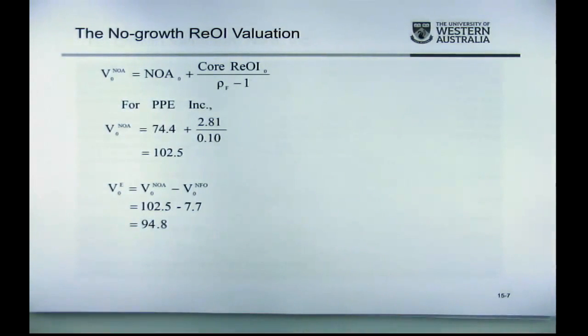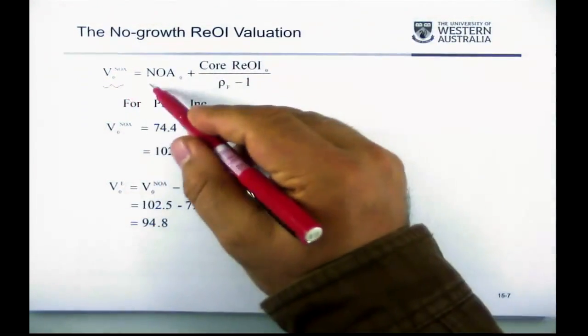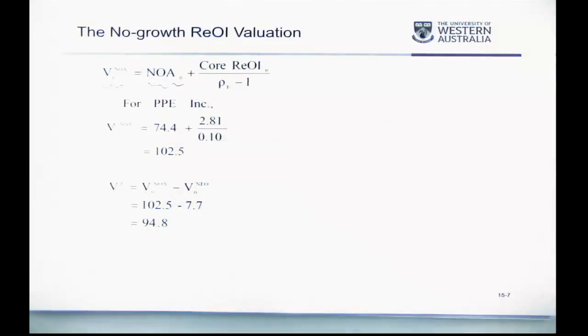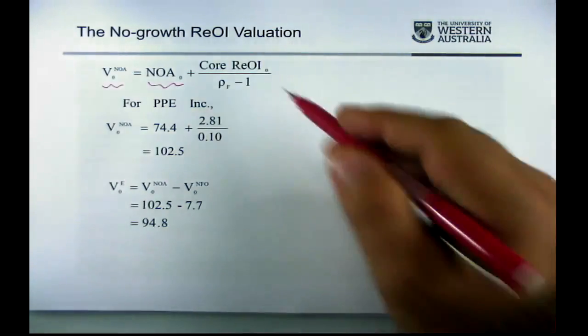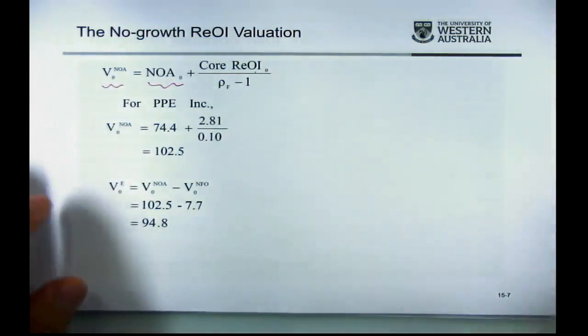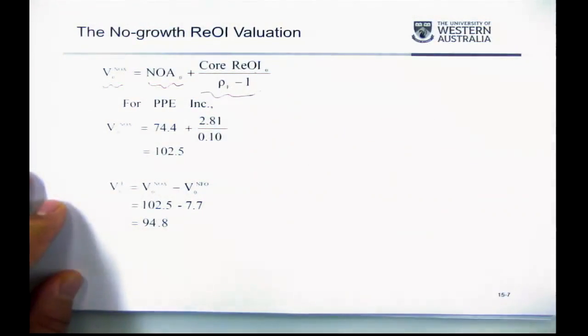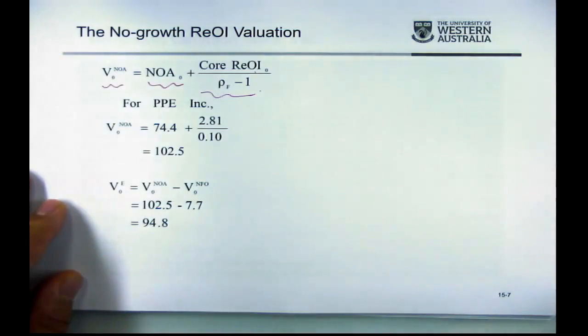If we believe that our firm exhibits something like this, in this case we can value the firm easily. The value of the firm at time zero is equal to the book value of its net operating assets at time zero, plus the capitalized residual operating income, where we capitalize the residual operating income using the perpetuity formula.